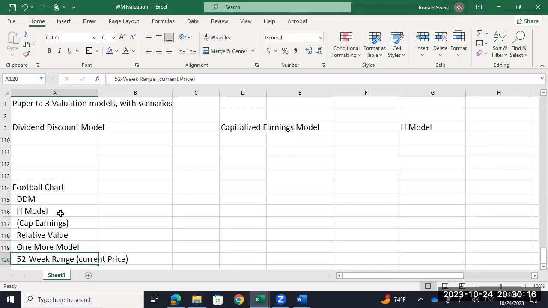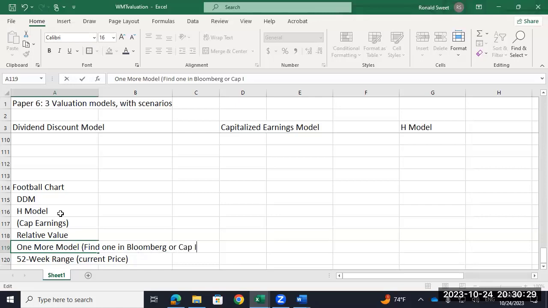I'm doing it because they forced me to put it in because it's just kind of a standard. But here what I actually recommend that you do is you find one in Bloomberg or Capital IQ, which is going to be pretty easy because you're just going to bring in the model, put in your ticker, change your assumptions, and it will do all the work for you.